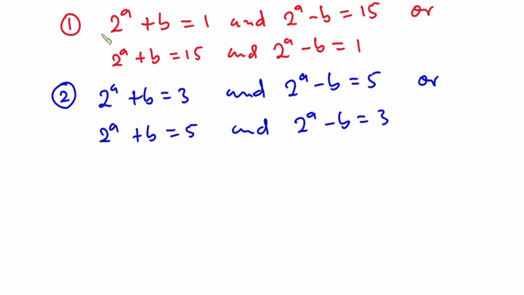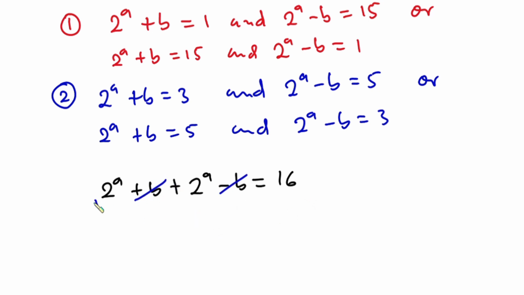Now let's consider them one by one. If we sum these equations, we have 2 to the power a plus b, then plus 2 to the power a minus b is equal to 16, because we have 1 plus 15, so we have 16 here. And straight away, you can see that this positive b will cancel this.